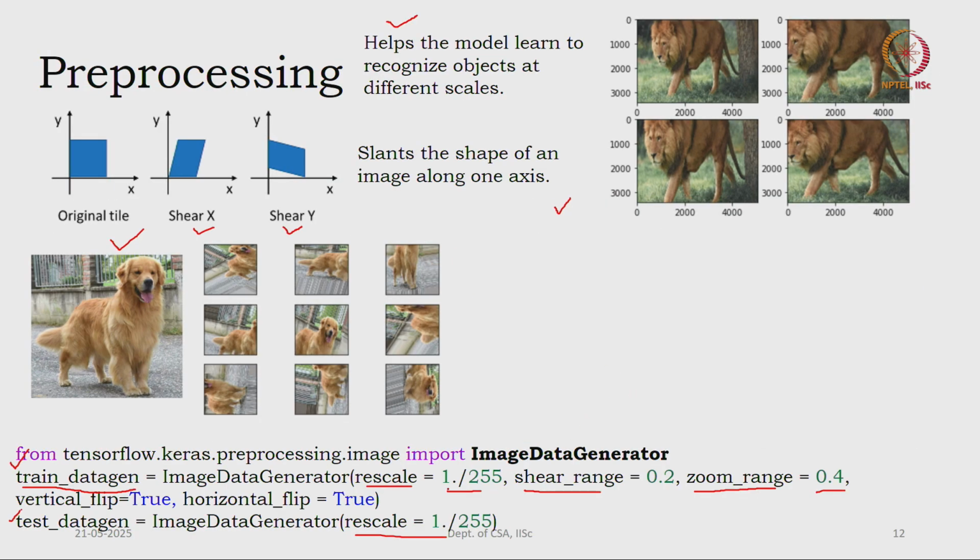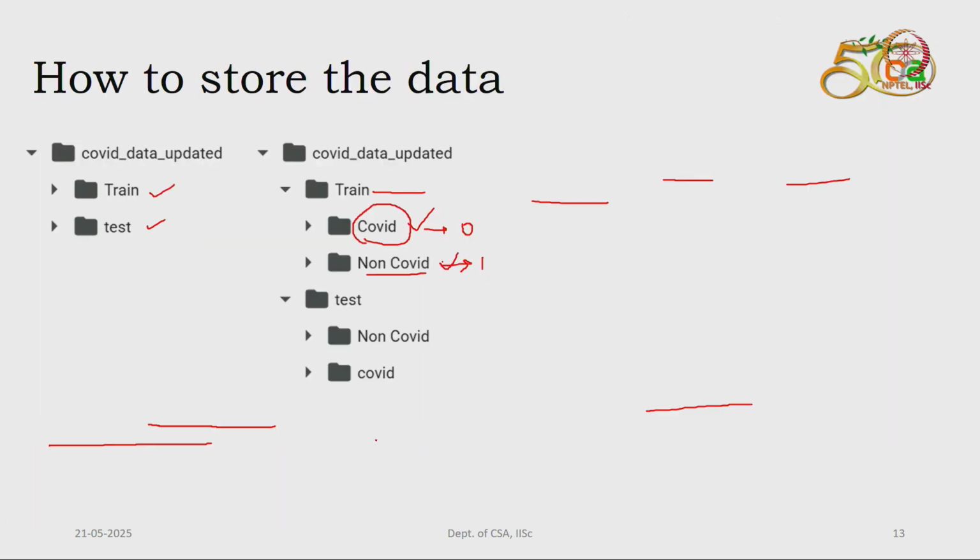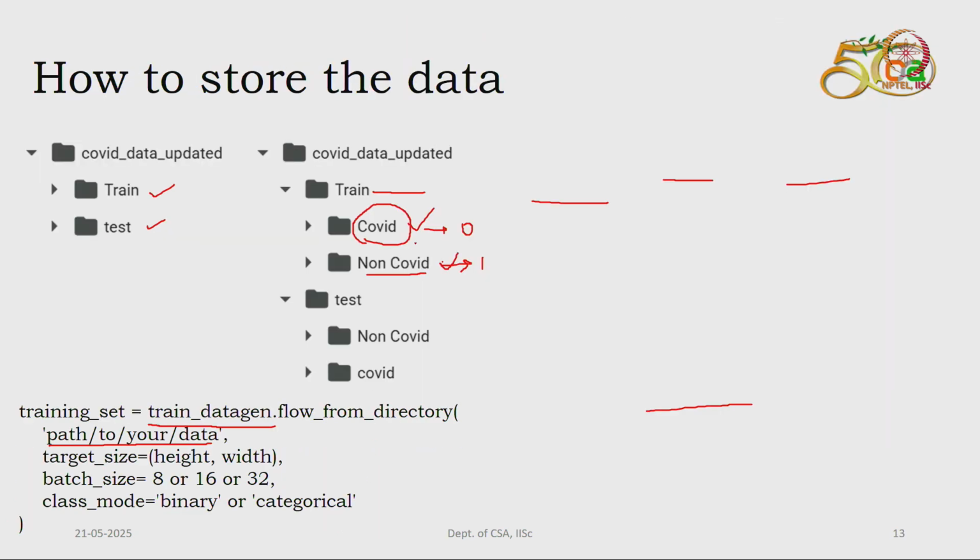It will scale down the values, look at different slants, zoom in with different scales, and then apply horizontal and vertical operations, whatever you are specifying here. Every image you pass in training will go through all those specified pre-processing techniques.